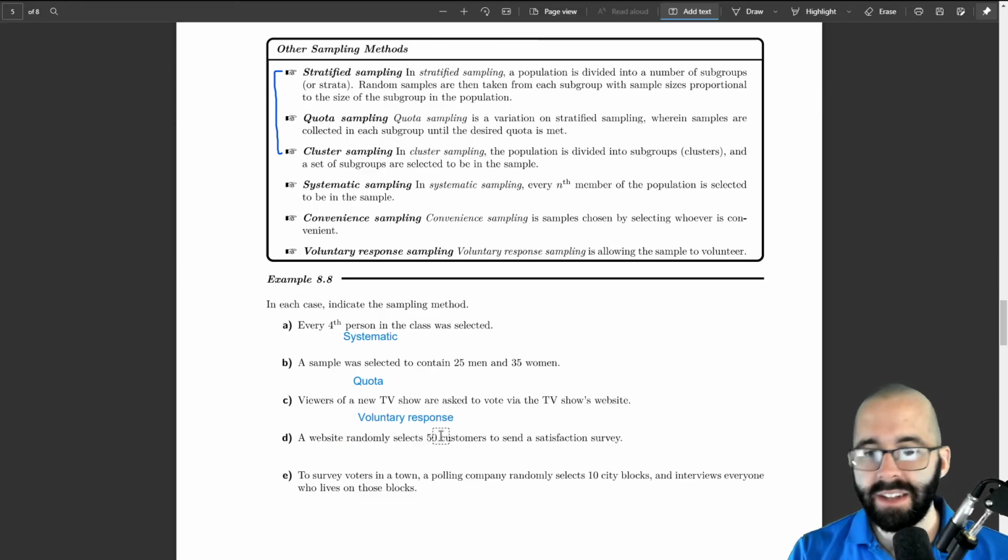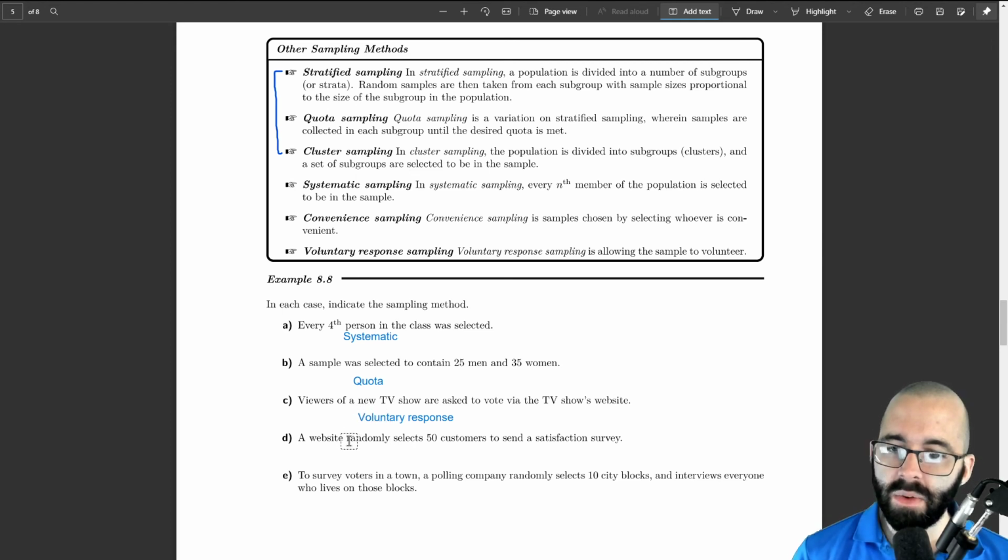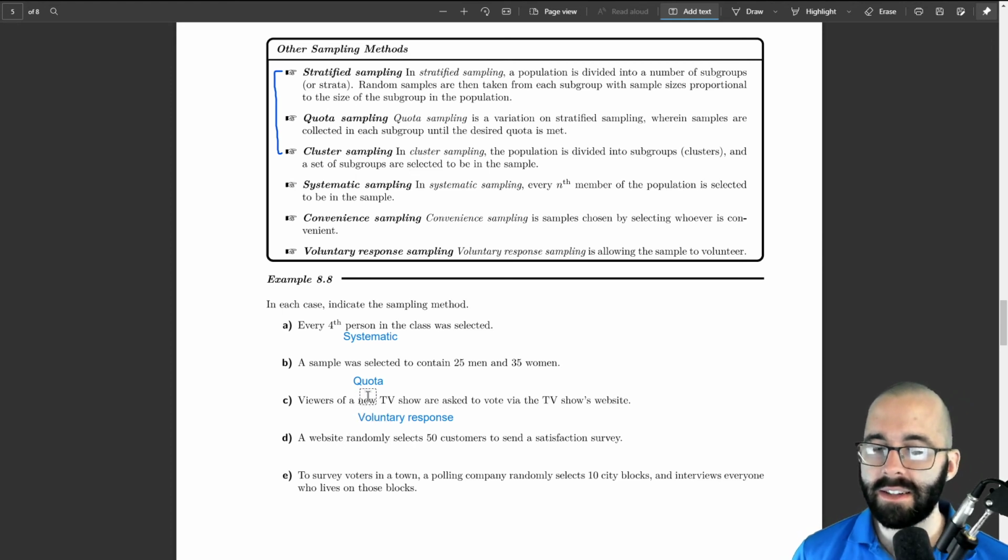A website randomly selects 50 customers to send a satisfaction survey. So it does seem kind of like simple random, right? The website is randomly selecting 50 customers, but they also have to accept it, right?